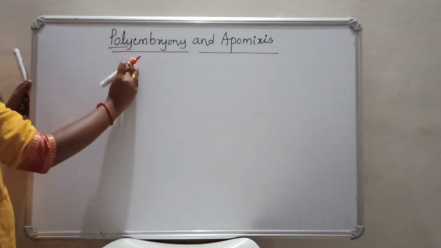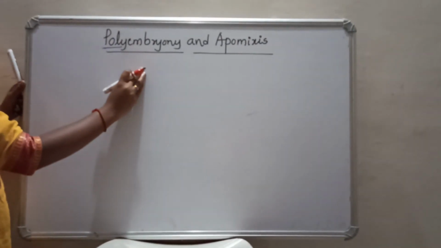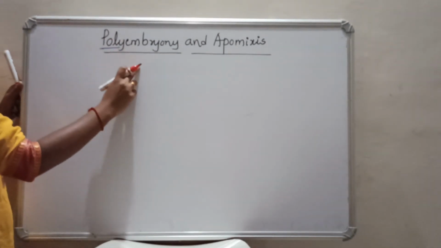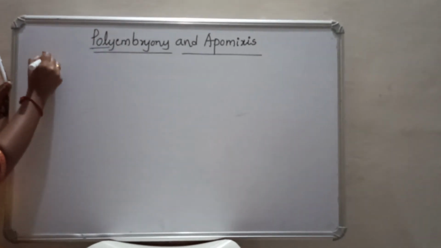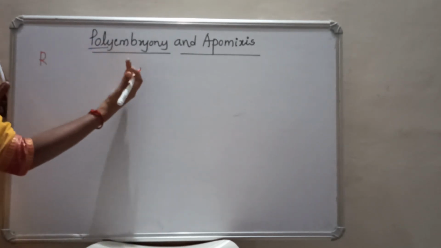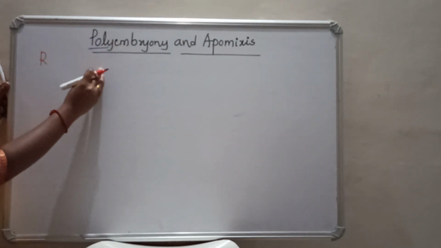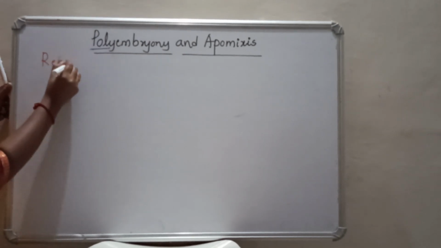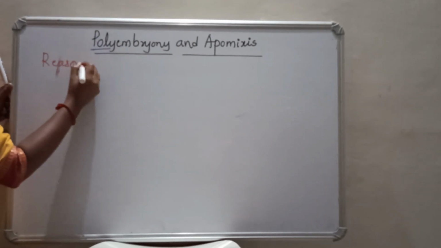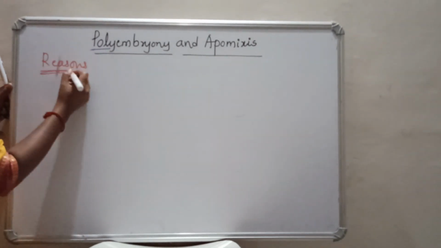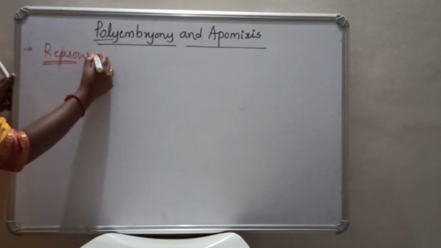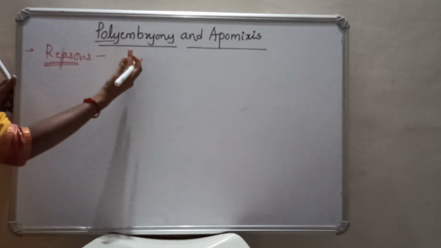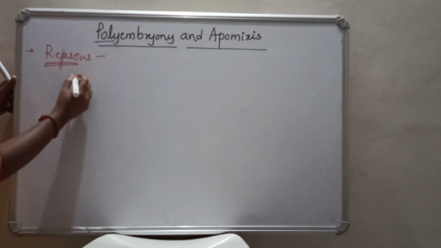Why do some seeds have more than one embryo, or how does polyembryony take place in a seed? What are the reasons for the formation of polyembryony?